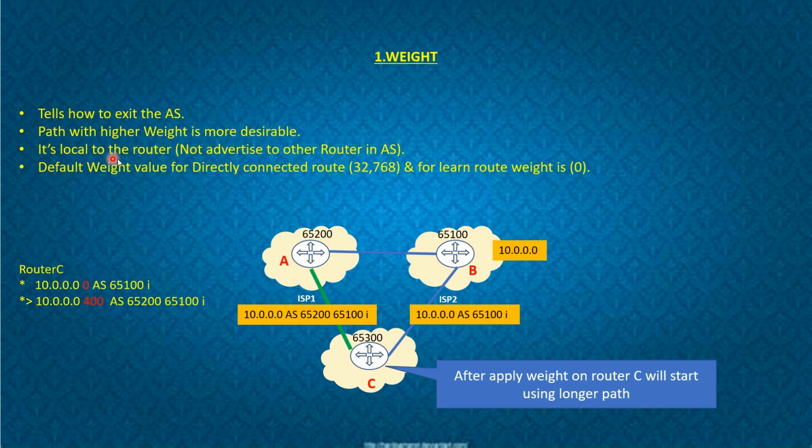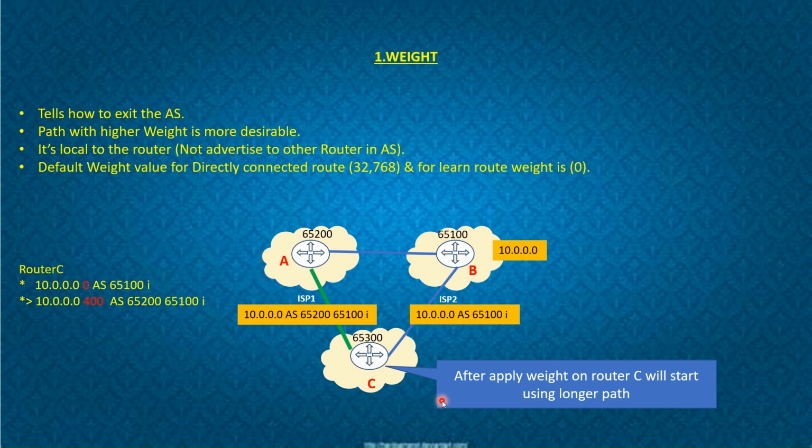It's local to the router, meaning it will not be advertised to other routers in the same AS. The default weight value for a locally originated route is 32,768, and for a route learned from a neighbor it is 0.